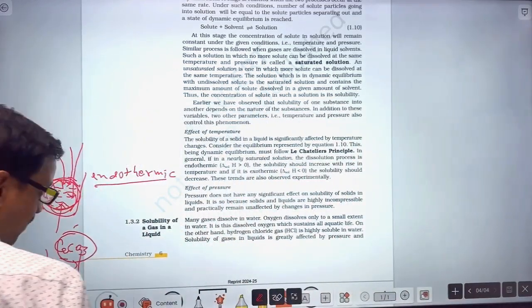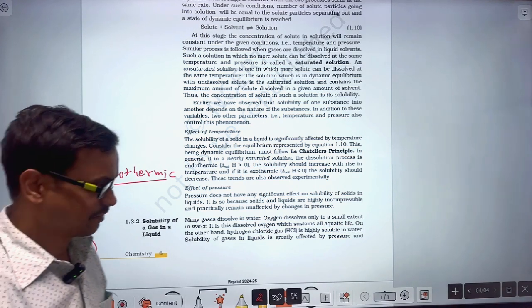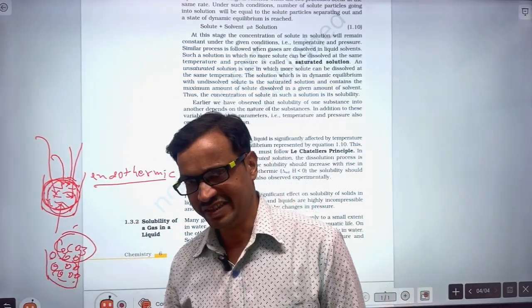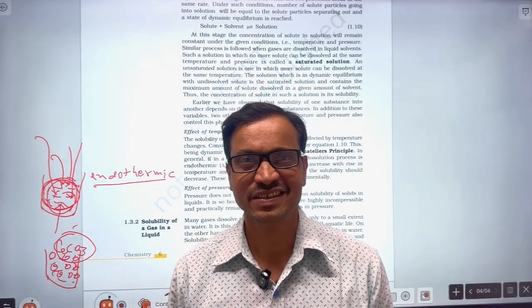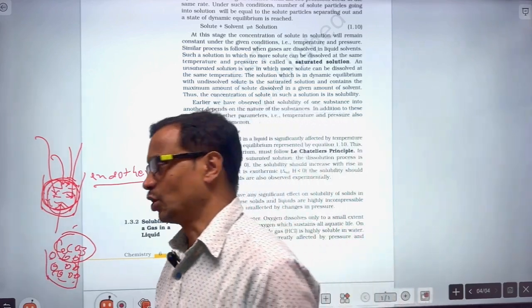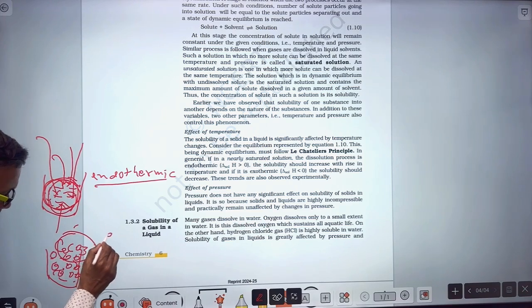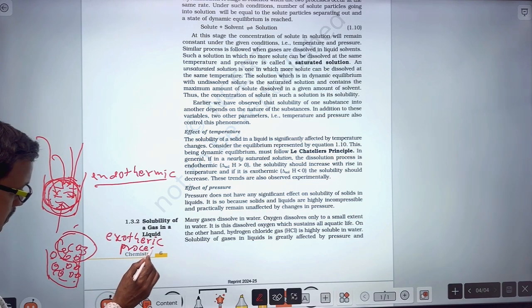And you might have observed that the water starts boiling when calcium carbonate, that means limestone, is added to the water. Why? Because the temperature has increased. So the solubilization of limestone in water is an exothermic process.